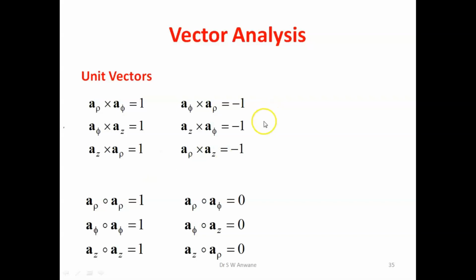The dot product of a rho with a rho will be 1, because the angle between them at the same point of definition will be 0, and cos of 0 is 1. Otherwise, in the cross combination, the dot product vanishes, because the angle between rho and phi, phi and z, z and rho, mutually perpendicular, is pi by 2.